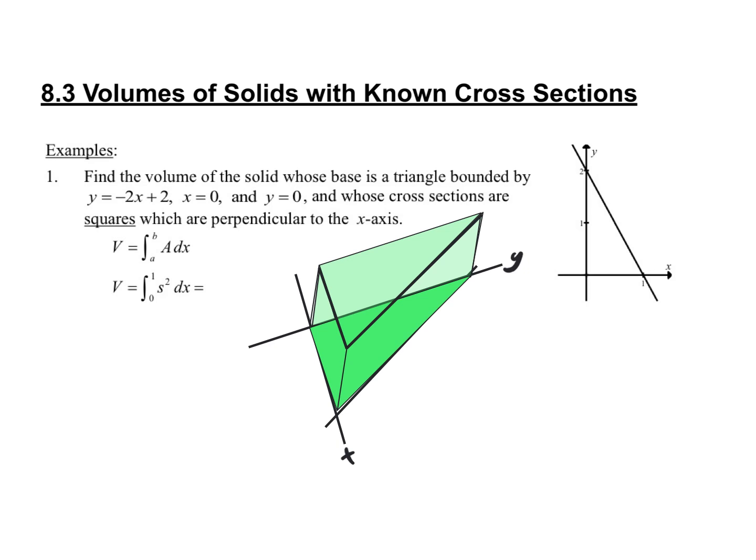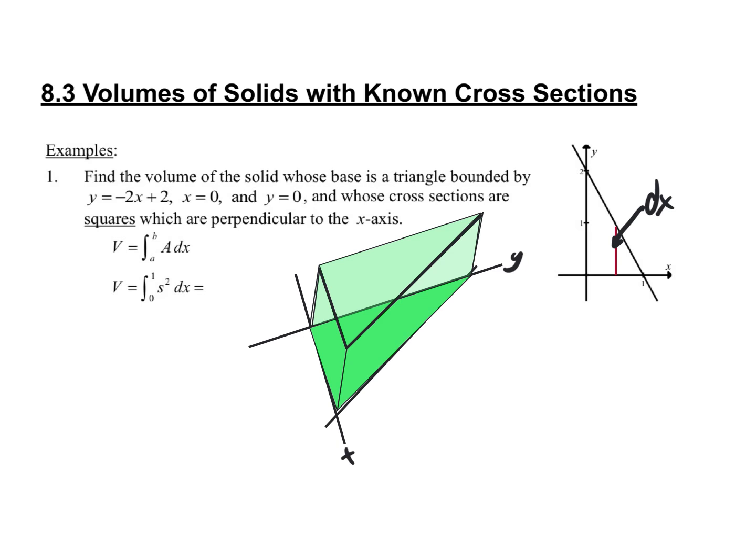And so what we're going to do is look at one little square. And so right here, one of the ways that I've seen it labeled, and I think it's a good idea to label it, is that this particular square is thought of as dx, okay? That's the change in x.